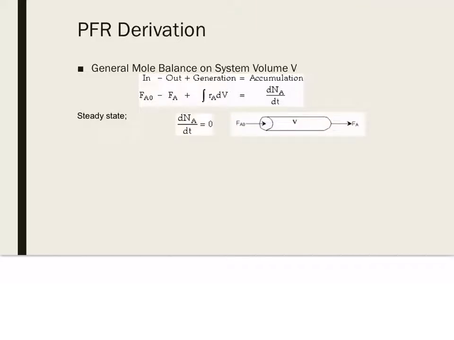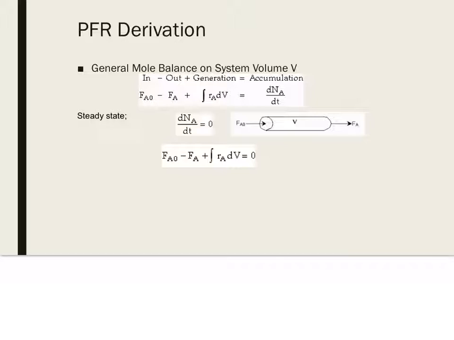As we know, when we do the analysis during the reactions, we assume the analysis is done with the system under steady state. That means the accumulation term will be 0, which is dNA over dt equals 0.